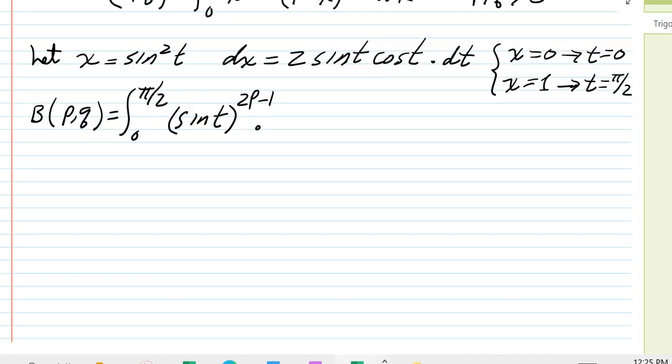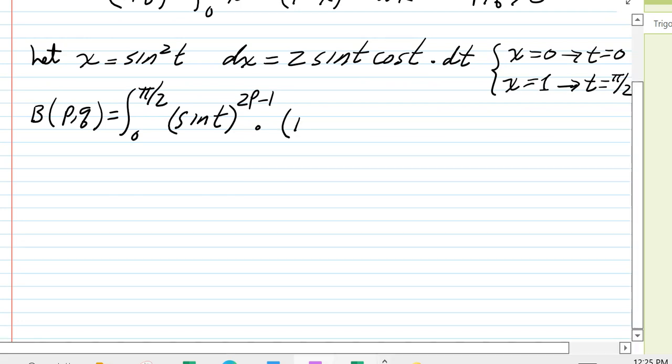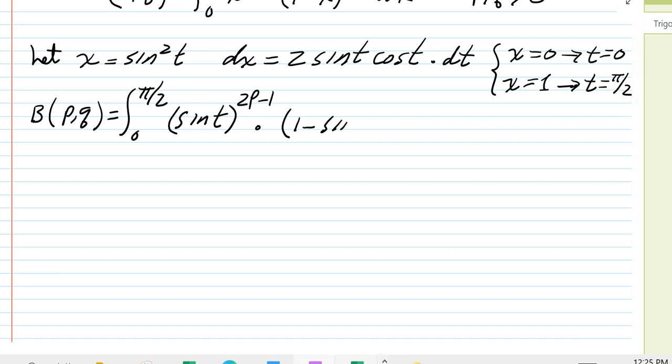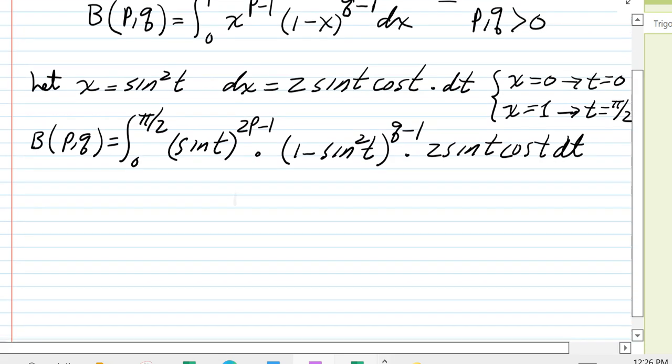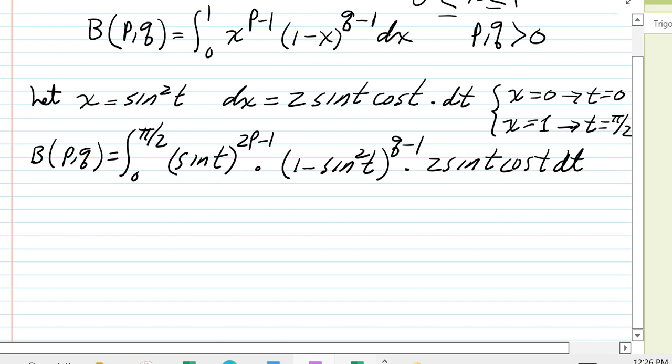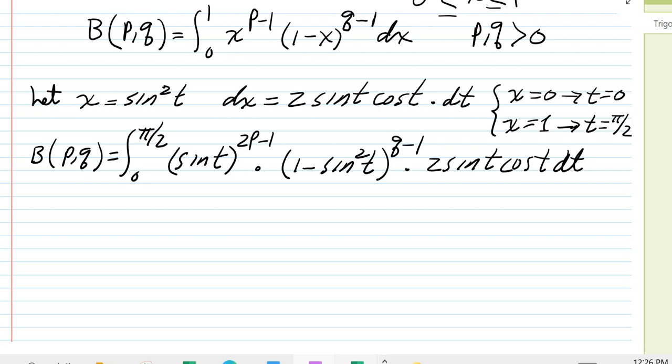And this is going to be 1 minus sine squared t to the power of q minus 1 times 2 sine t cosine t dt. Okay, and again, I just made the substitution here that we had. Remember, x is sine squared t, so you essentially have the expression that you see here.